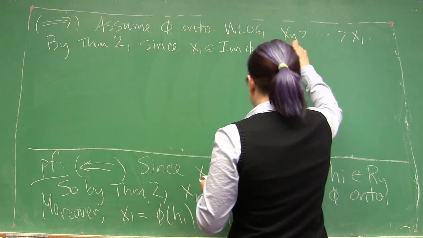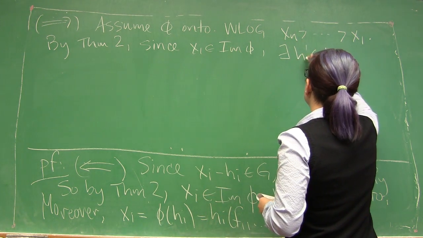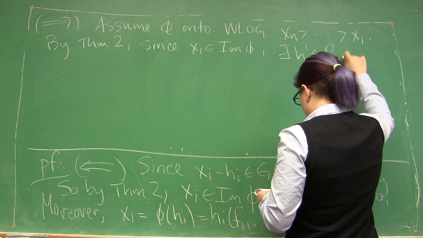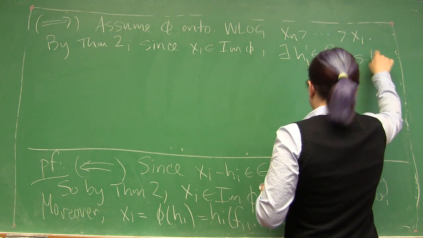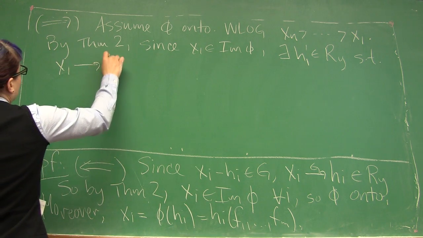we know that there exists some polynomial, let's call it h1 prime, with only y variables, such that x1 reduces by G to h1 prime.